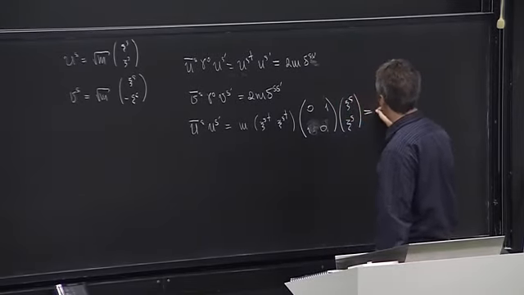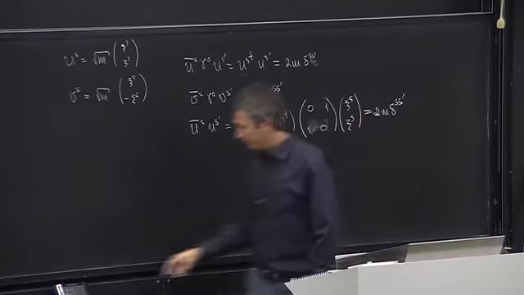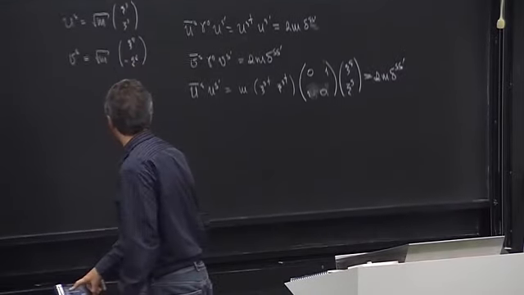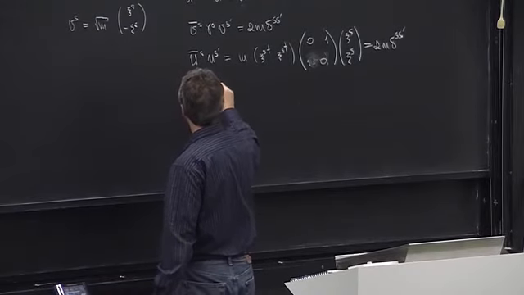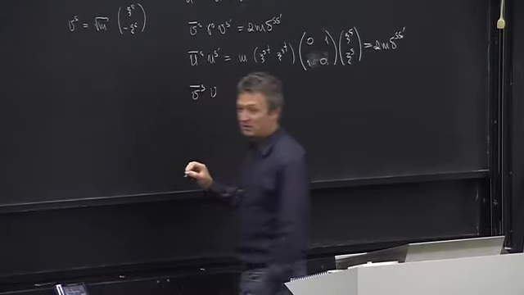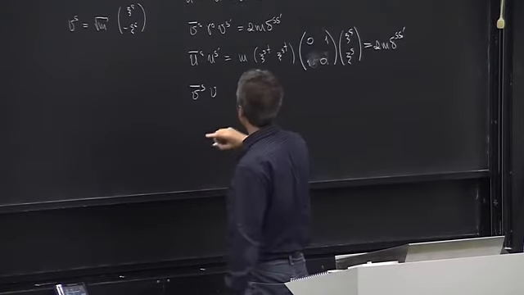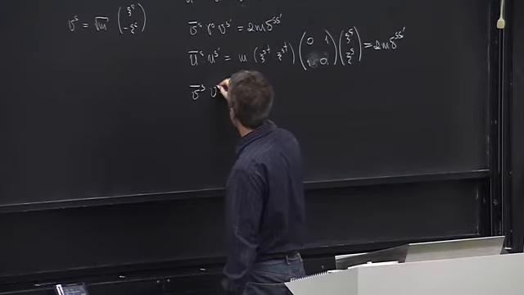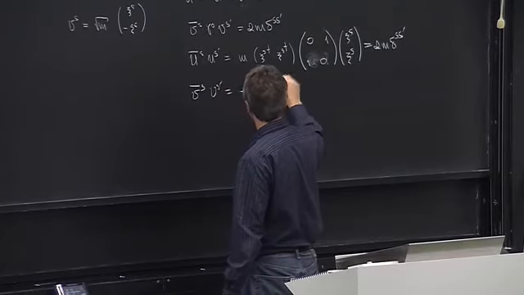This is still 2m delta ss prime. For the positrons, yes, you'll have a minus sign because of this minus. So this will be minus 2m delta ss prime.